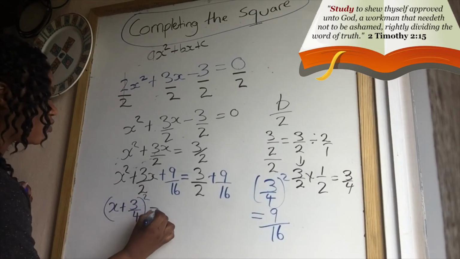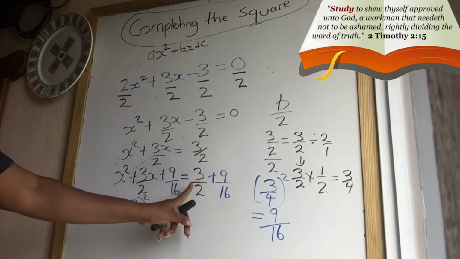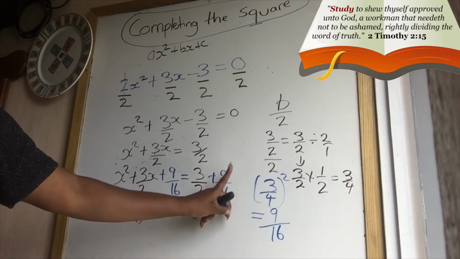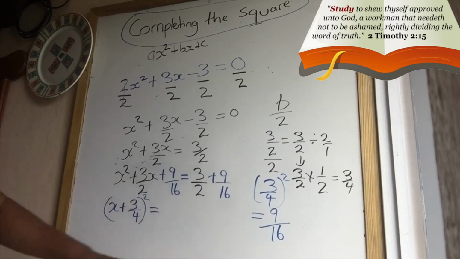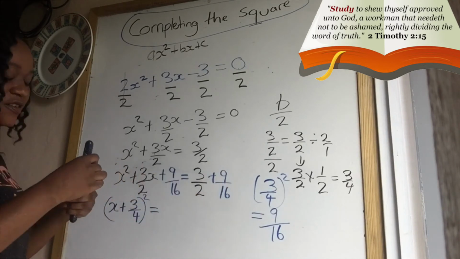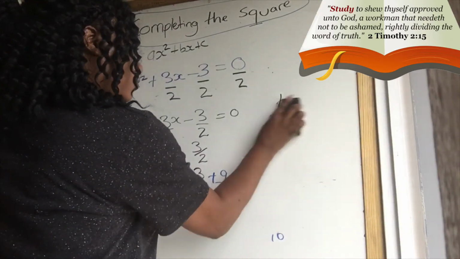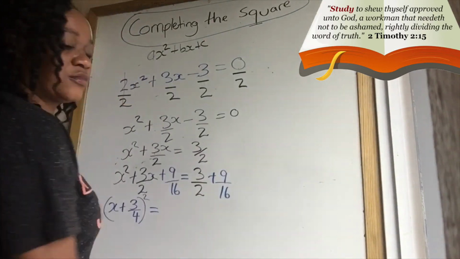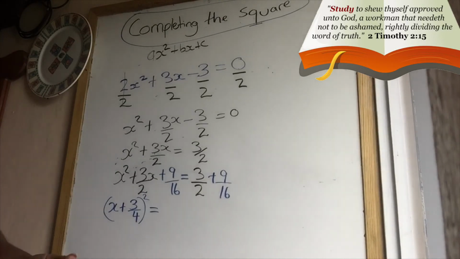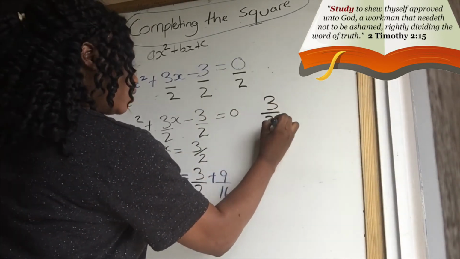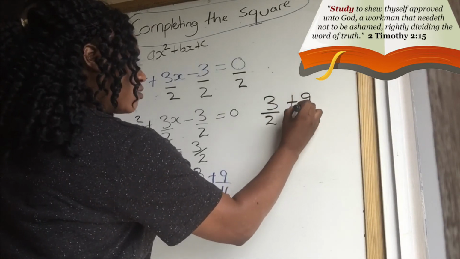And now this is equal to 3 divided by 2 plus 9 over 16. So we're going to do a little fraction here. So this is 3 divided by 2 plus 9 over 16.